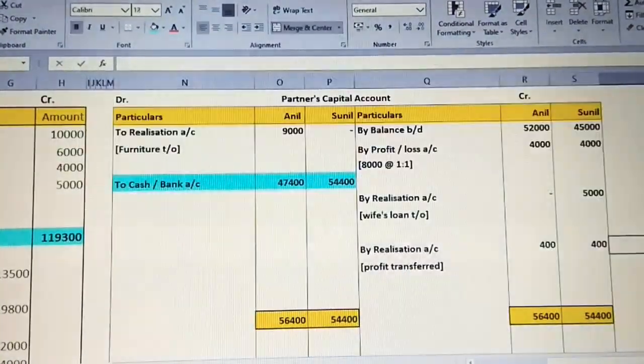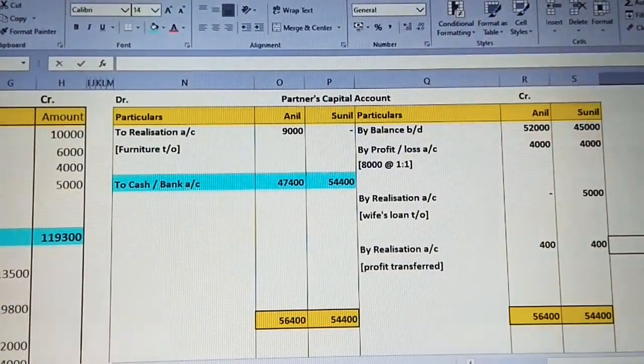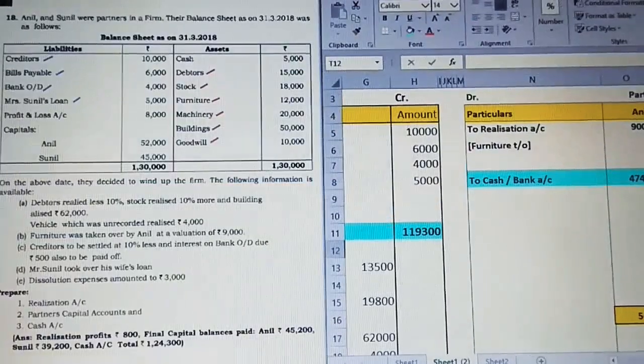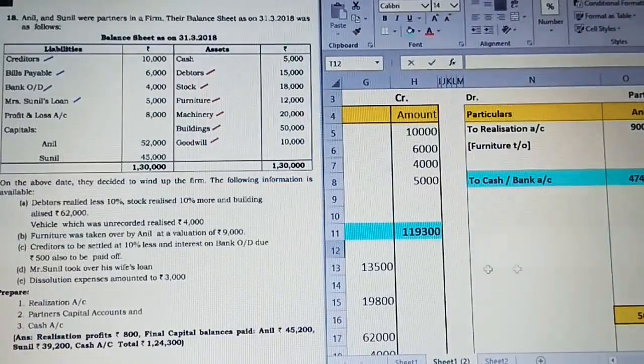Just observe. Let us just check. The capital value here is quite different.